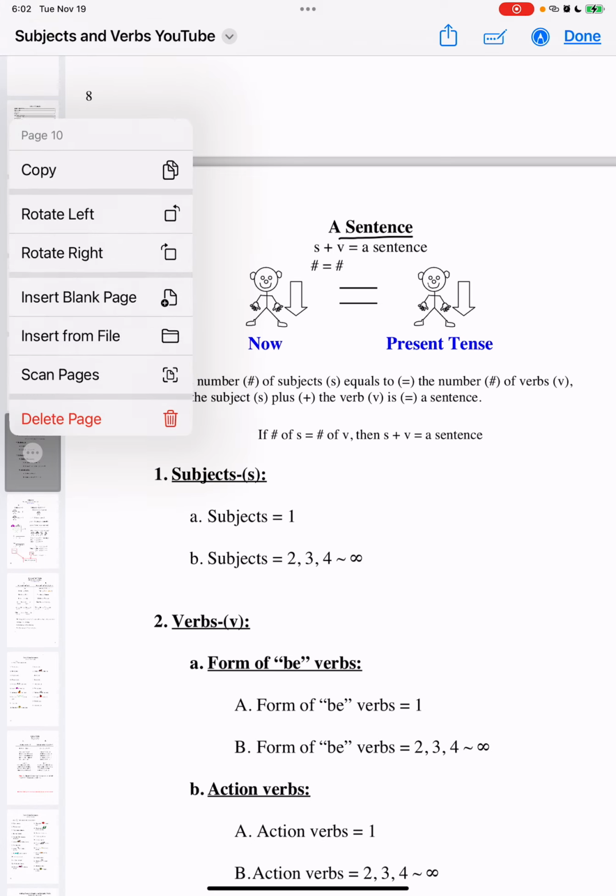Let's add a blank page. What is a subject? When you are teaching your children about grammar or anything, make sure they understand all the words. The vocabulary is very important.